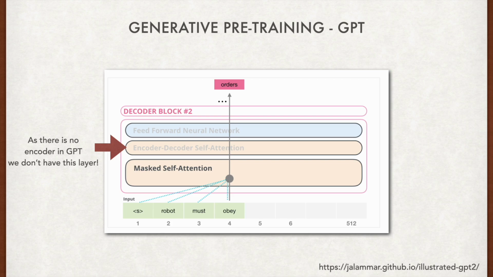So in this slide we see the context as in the angle bracket followed by "robot must obey," and having produced the word "orders" as the continuation, we add it to the context, so the next input in the subsequent step will be, as in the angle brackets, "robot must obey orders," and we continue the process of generating the next tokens. However, there are some important details we have to mention now.